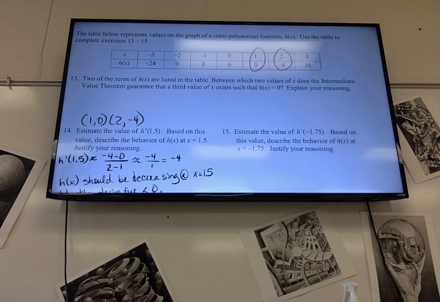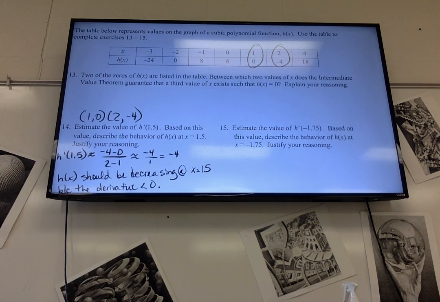Alright. So, number 13. 2 of the zeros of h of x are listed in the table. Between which two values of x does the intermediate value theorem guarantee that a third value of x exists such that h of x equals 0? I forgot the IVT. Well, that's good that we're doing this. So, basically, the IVT, we have 2 conditions.